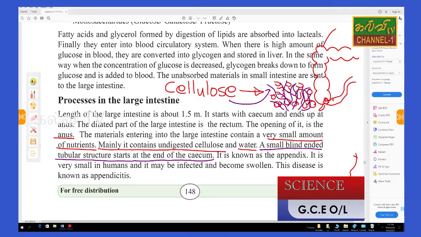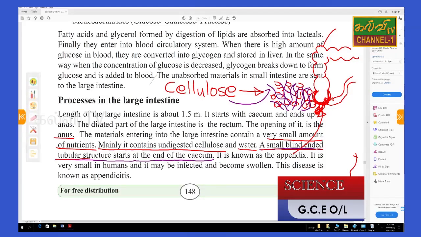They said the small blind-ended tubular structure, that means they mentioned the blind one here, a blind tubular structure that starts at the end of the caecum. It is known as the appendix. Small blind-ended tubular structure starts at the end of the caecum.